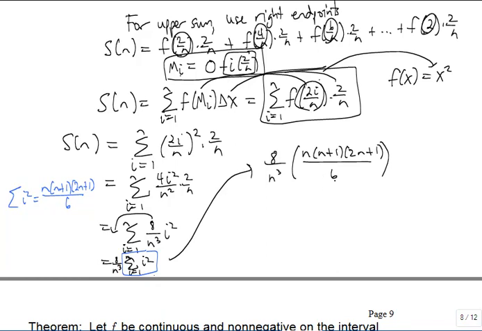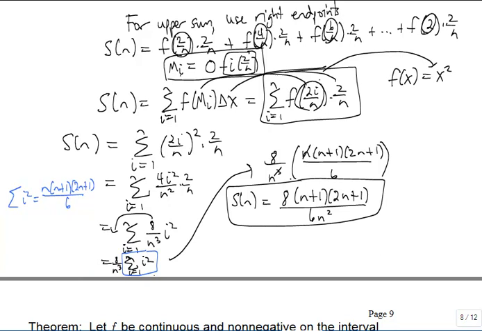It's this formula right here. Now I'm not going to do a whole lot of simplifying. I might cross off one of these n's, but this is going to become an 8 times n plus 1 times 2n plus 1 all over 6n squared. So this is the formula for the upper sum.